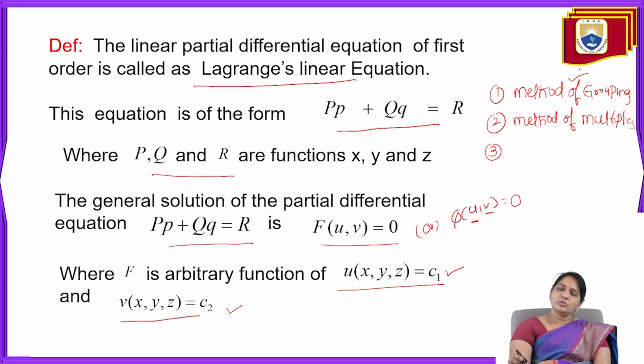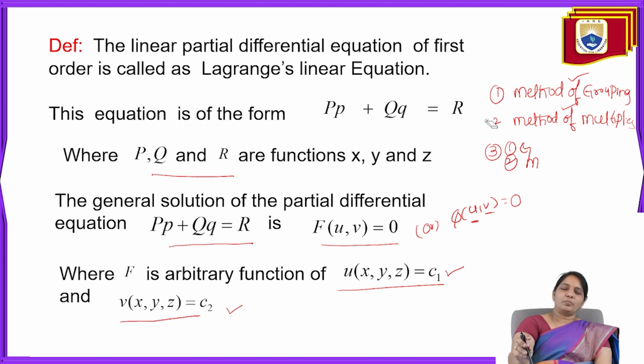We can get the two solutions from only method of multipliers. And in some problems you can get one solution from method of grouping and one solution from method of multipliers. So these types of problems are there. We have to understand the question carefully, and based on that we can solve if you know the concept clearly. So I am going to explain the problems.